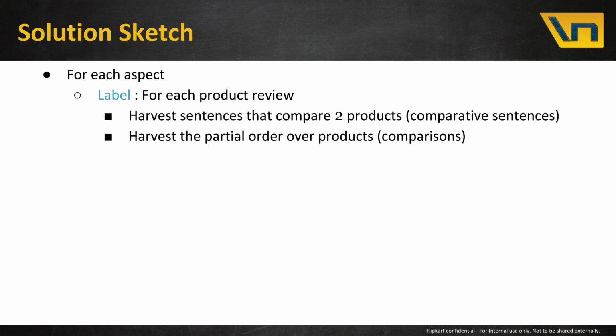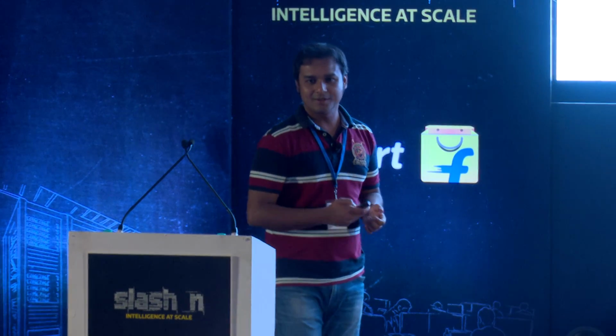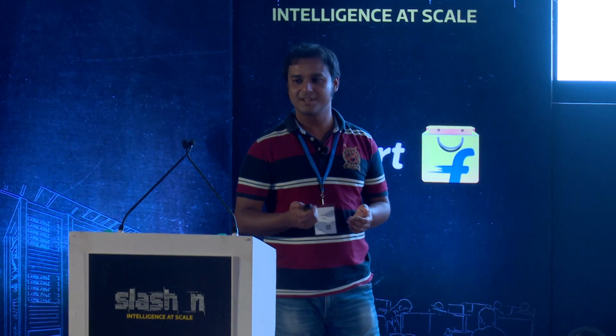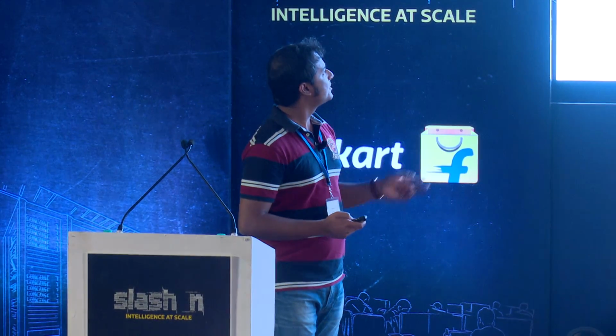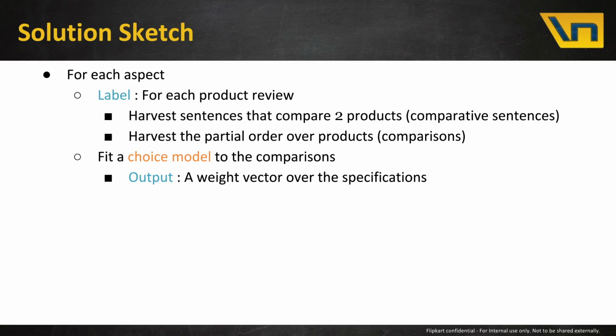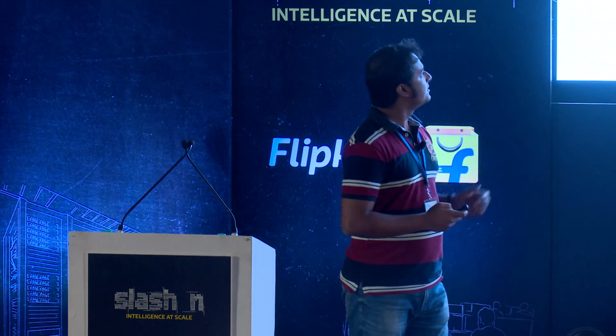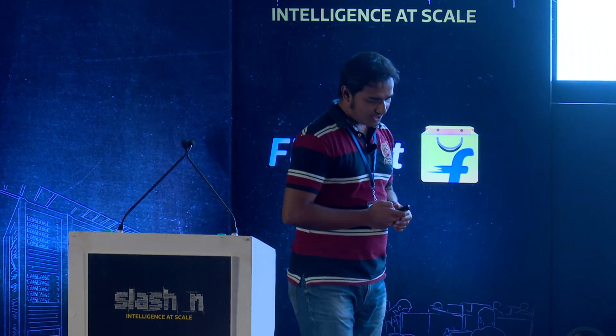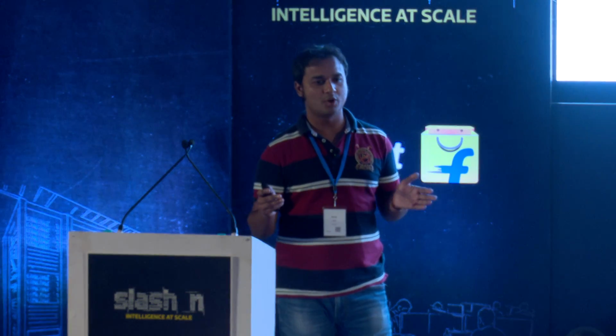So, solution sketch: how do you get started? You first need your data, and as I told you, not every review is written by an authoritative source, and not every product specification is clean. You first have to curate a portion of the data set that your algorithm will be using. You don't use all of the product reviews.